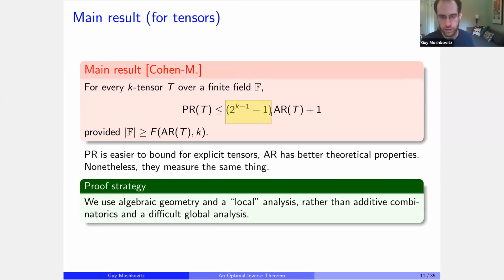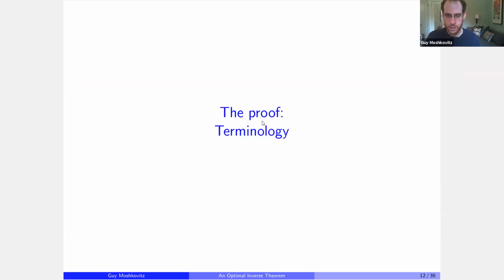I think this is off by a factor of 2, that would be my guess. So maybe for k equals 3, it's essentially the right constant, but for general k, I would say no. I would say we're off by a factor of 2. Okay. So that's the statement.